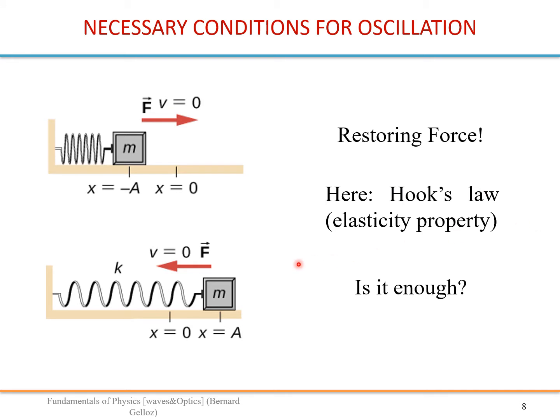We are going to discuss this next. Indeed here you see that the restoring force is important. If the mass is to the left of your equilibrium position, a force must bring it back to that equilibrium position. If it is to the right, the force should also bring it back to the equilibrium position. So the forces change sign. This is a restoring force.